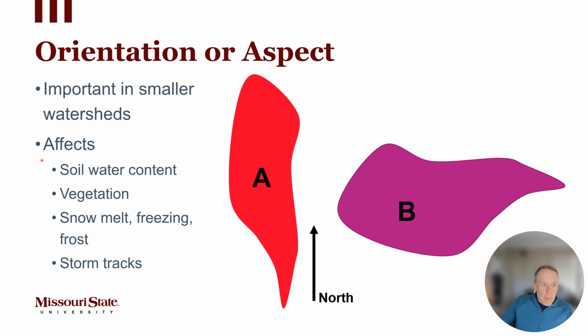So let's imagine where my laser pointer is over here, we've got a thunderstorm that's moving west to east, or left to right, across this landscape. I'm trying to keep the pointer moving at a steady rate. How long does it spend over watershed A versus over watershed B, right? Obviously the time that same rainstorm rains on B is a lot longer than A because it's moving more perpendicular to the orientation of A, so it just doesn't dump as much water.